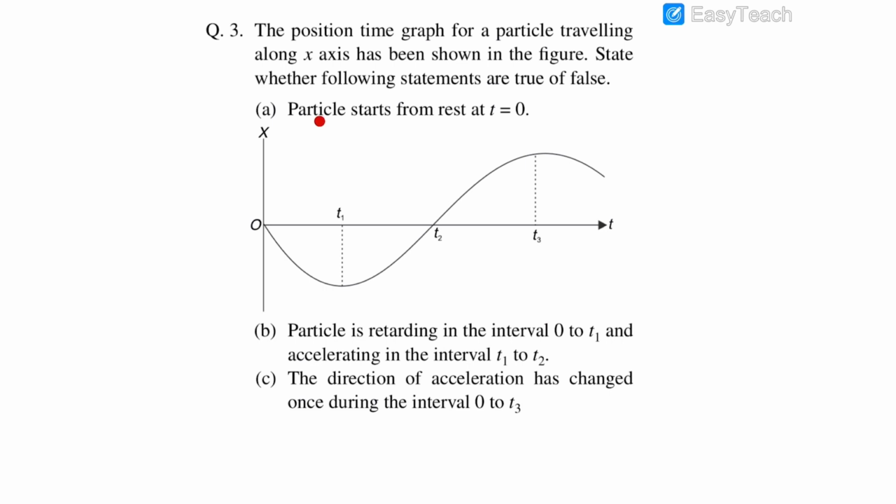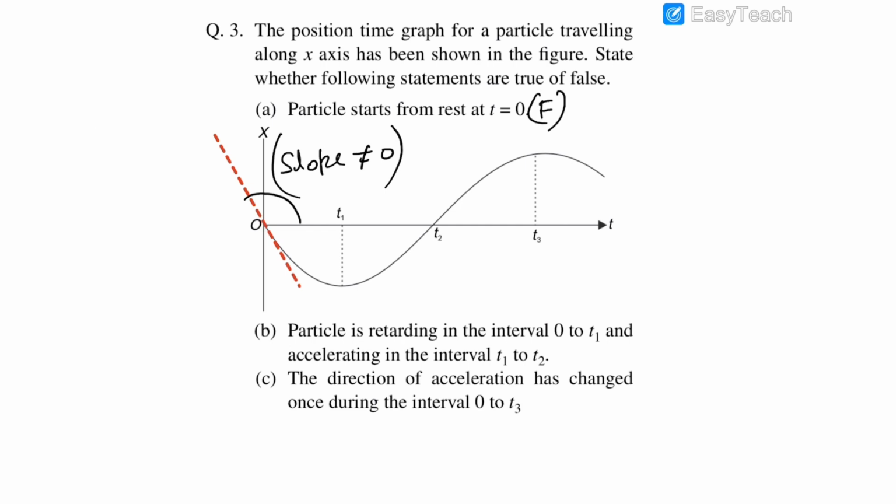The first statement says that the particle starts from rest at t equal to 0. You can see that the tangent drawn to this graph has a slope that is not equal to 0 at t equal to 0. Therefore velocity is not 0. So option A is false, obviously.